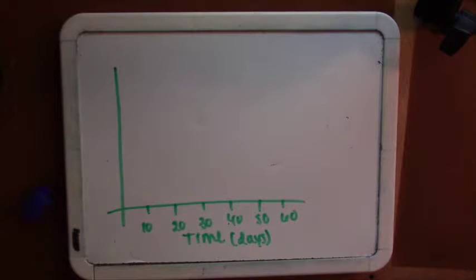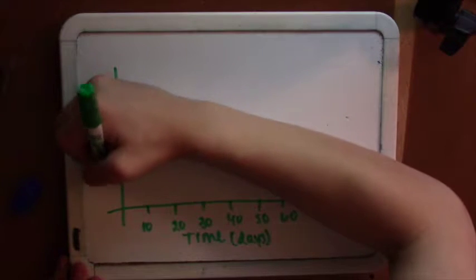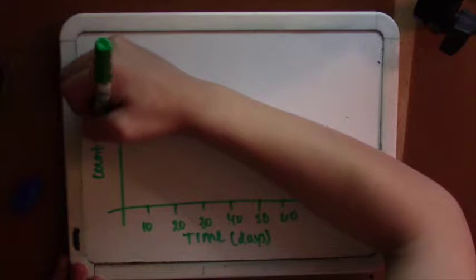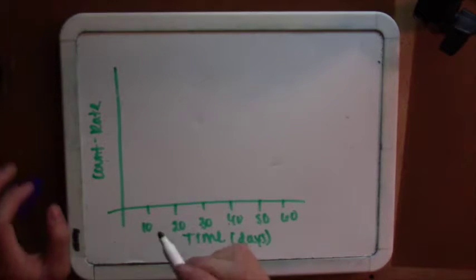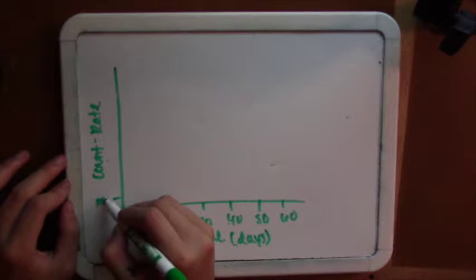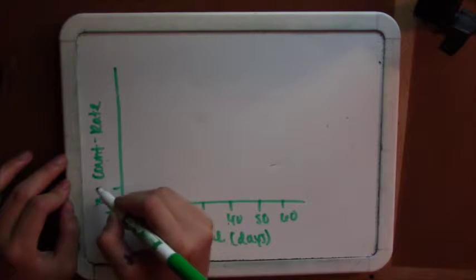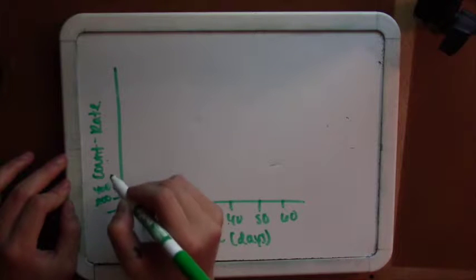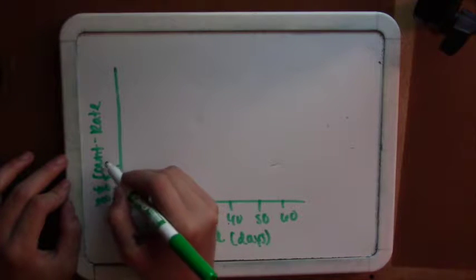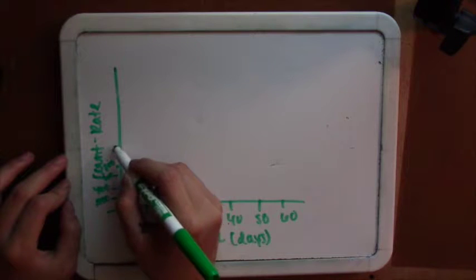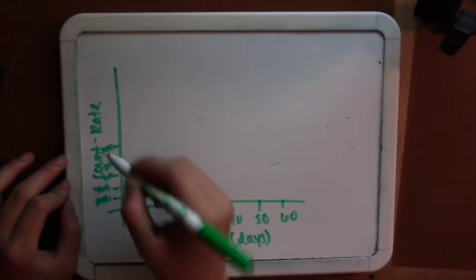And where the y-axis will represent the count rate. So, on this side, we'll start with 200 and try and go all the way up to 1800. I think that's a good number to stop at.